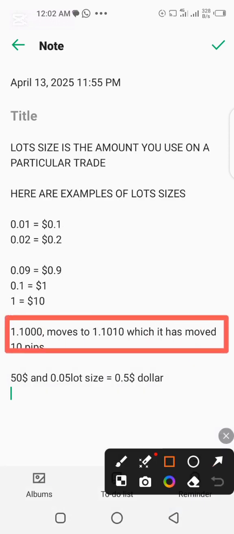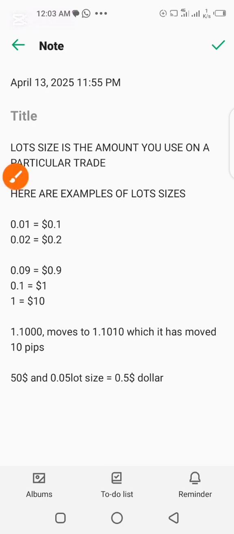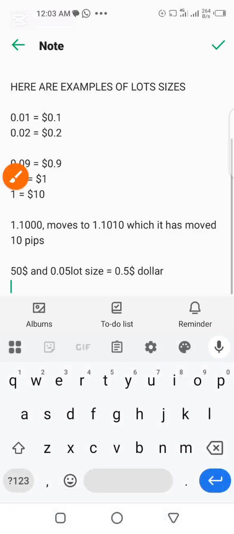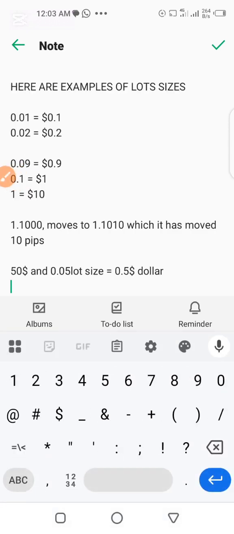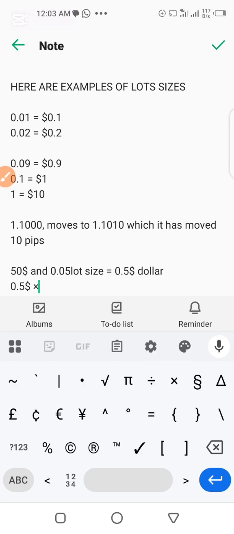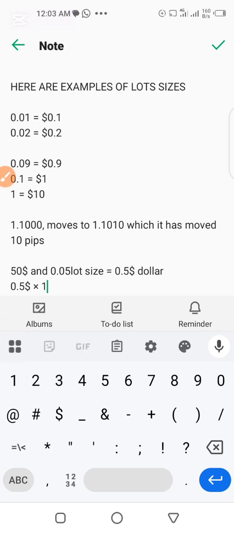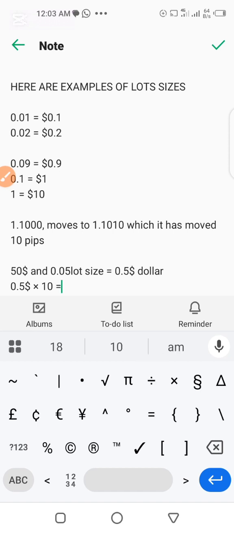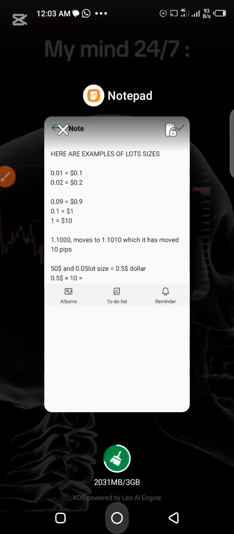The pips that moved here, this is how you calculate it. You times this 0.5 dollar times 10, is equal to, let's get our calculator.